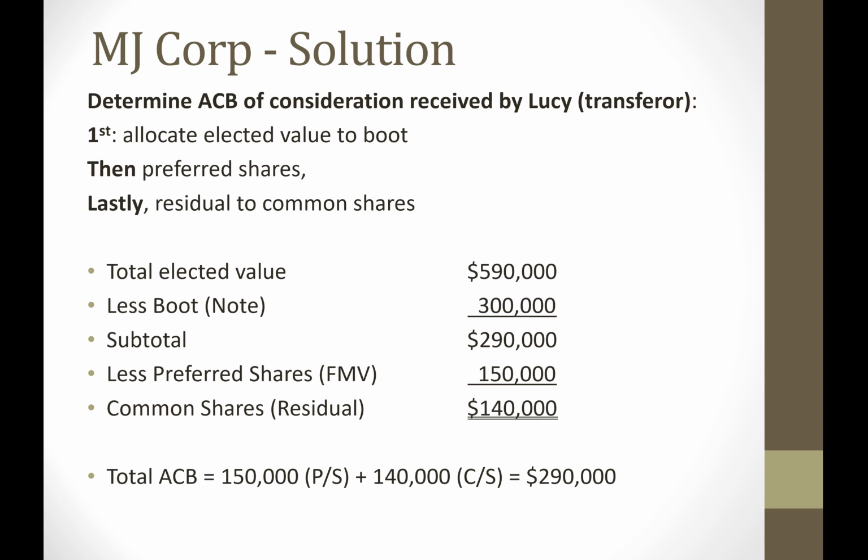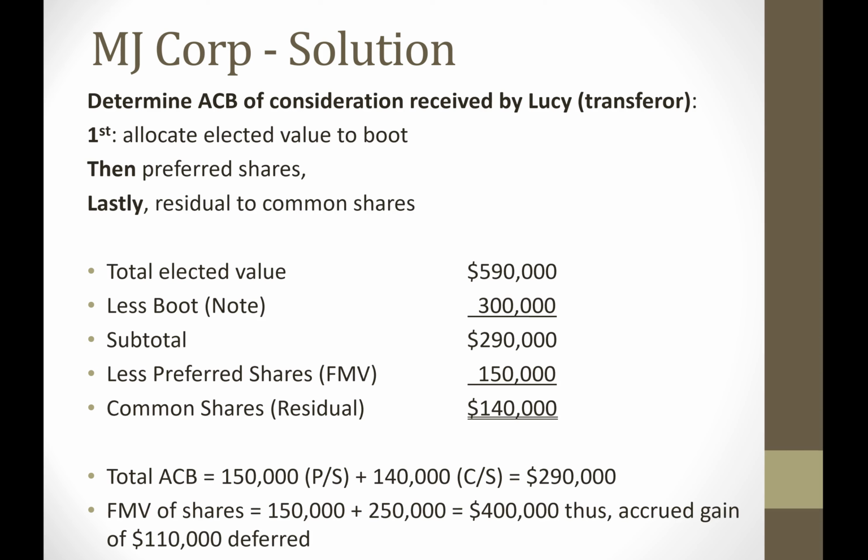But what was the fair market value again? The fair market value of the shares was a total of 400,000. There's that gain of 110,000 that we said was deferred. Remember, we said the asset value, fair market value, was 700,000. Lucy elects to dispose of it at 590,000.